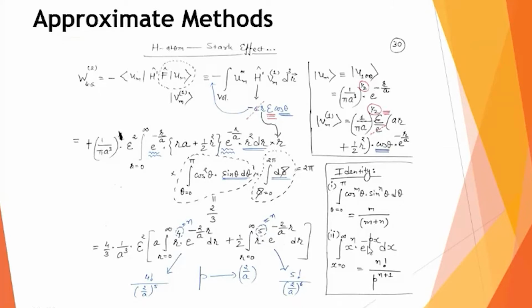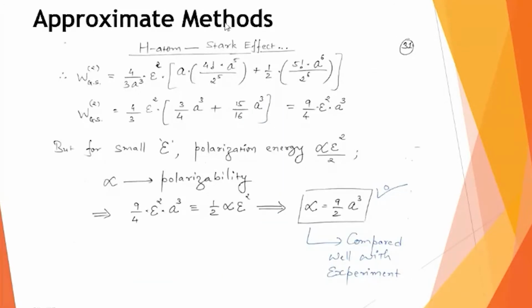And so if I use this identity in the first expression, n factorial means here it will be 4 factorial upon 2 by a raised to 5. Similarly, for the second integration, it will be 5 factorial upon 2 by a raised to 6. So these are all standard integrations. So I can directly substitute the value of this integration, and then I simplify this equation.